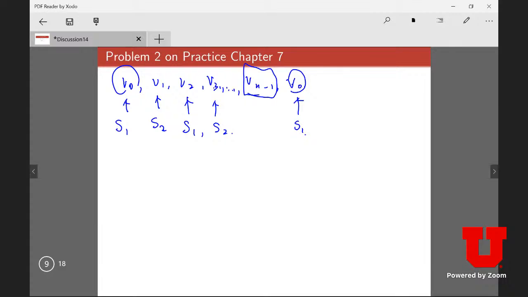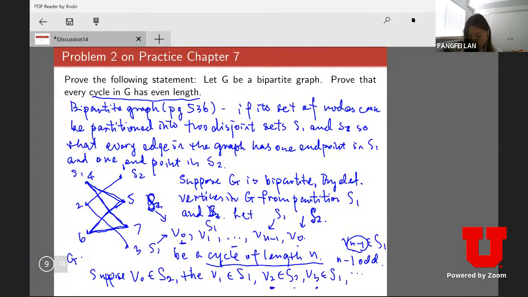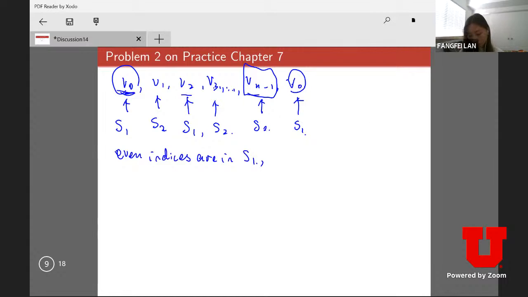It'd be in S2. Yes, exactly. So we see that all the even indices are in S1, like V0 and V2, and odd indices are in S2. So that means n minus 1 is even or odd.